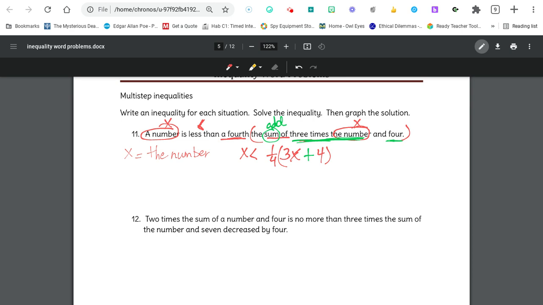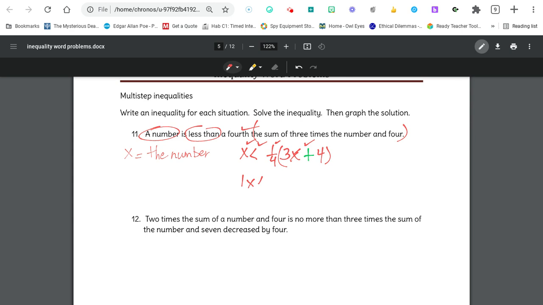So I have x. Let me erase this so I can do it one little step at a time to recap how I got this. A number is x, less than a fourth the sum of 3 times x and 4. There you go. So all I have to do is use the distributive property.